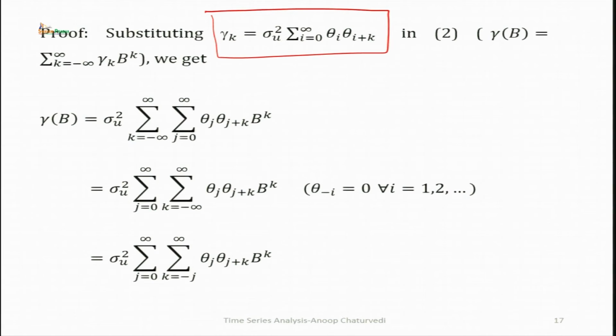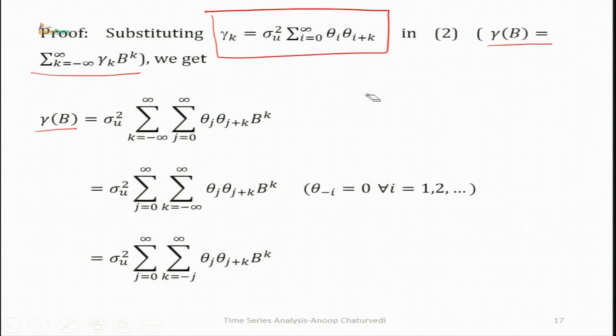So, we substitute this value of gamma k in the expression for the autocovariance generating function, and then we obtain gamma(B) equal to summation k equal to minus infinity to plus infinity.